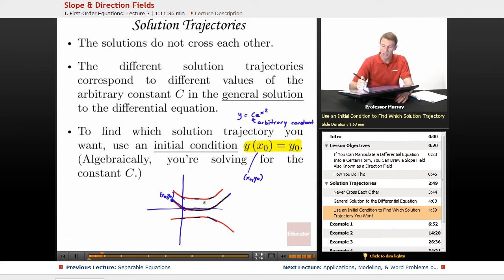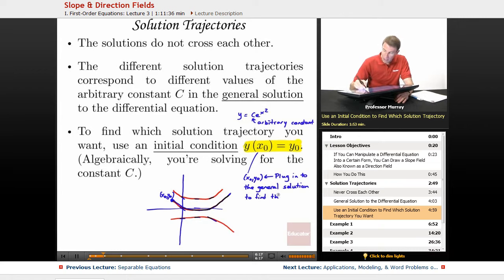Algebraically, we've already seen this process where we get a general solution to a differential equation. It has an arbitrary constant in it, and then what we do is we take this point and we plug in to the general solution. So you plug in x equals x naught, y equals y naught into the general solution to find the value of c.